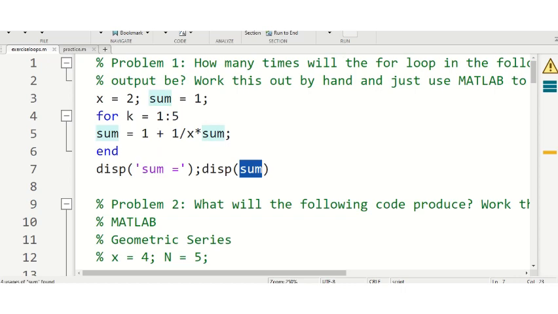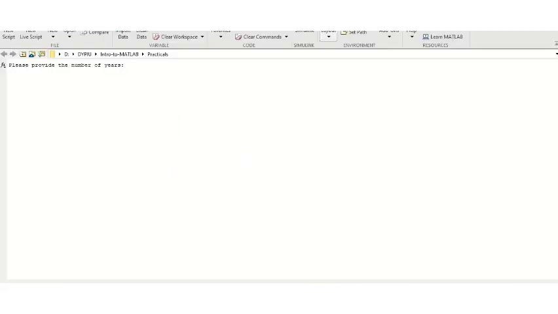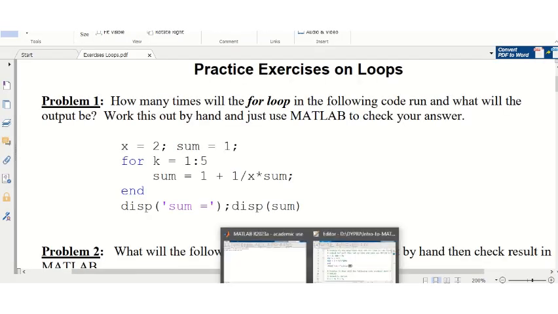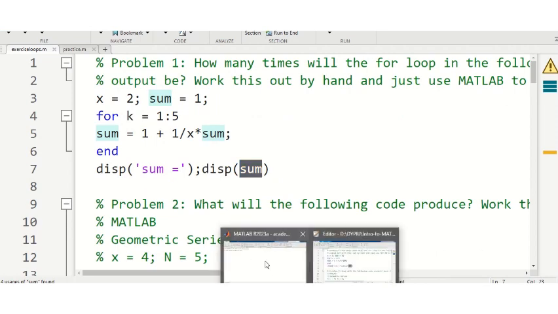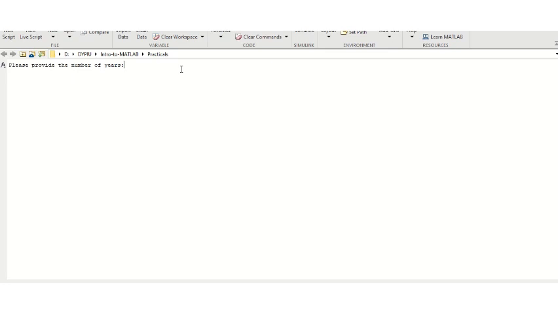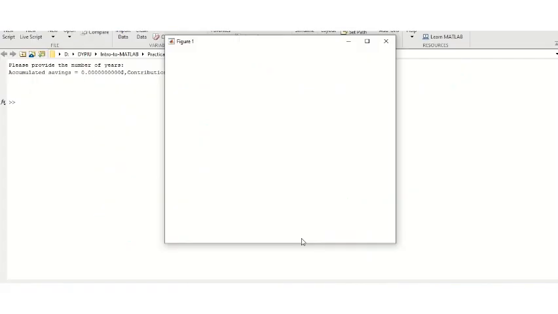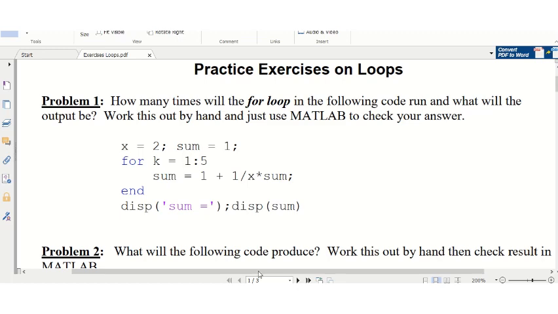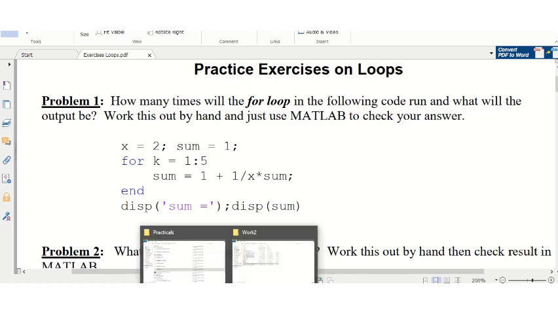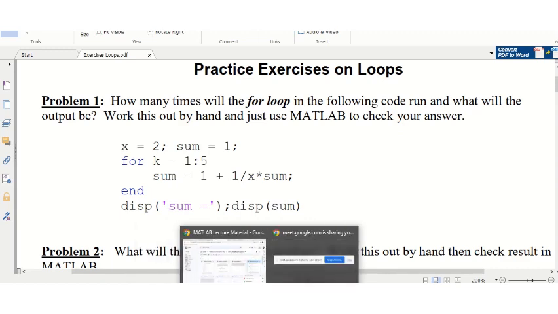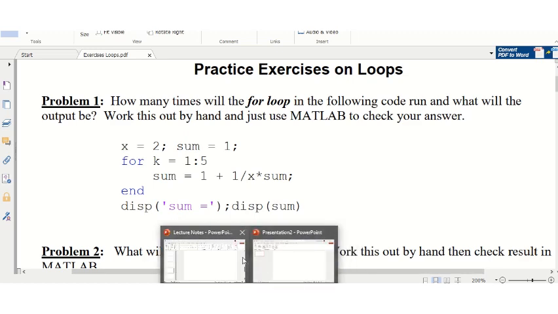I am executing the code here, sir. Sir, I am trying to solve here.